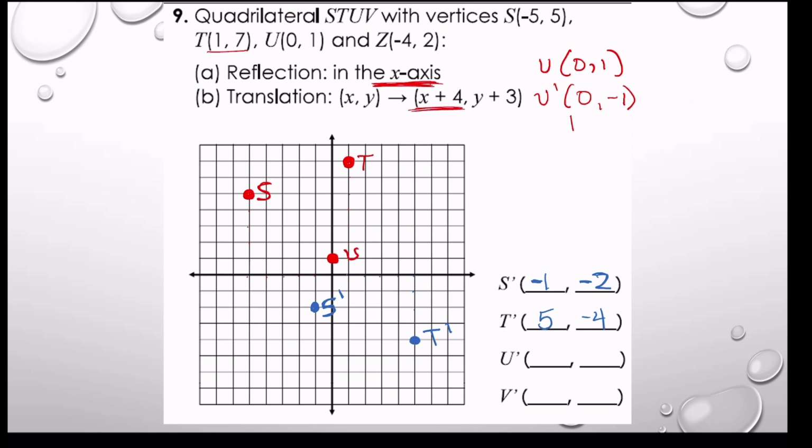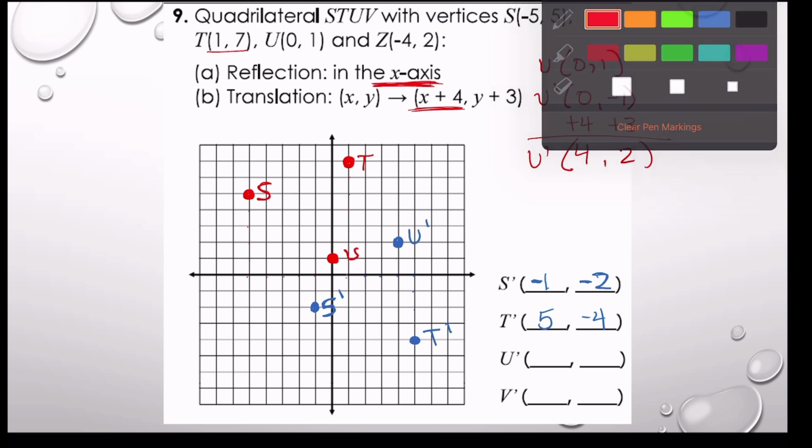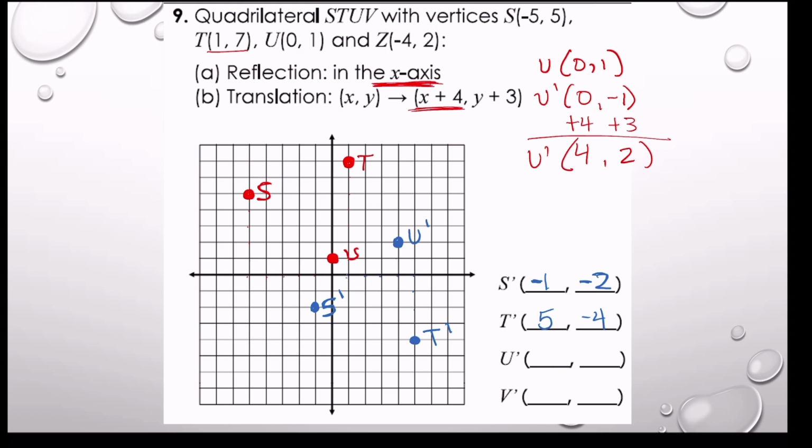But then I have to add 4 and add 3. 0 plus 4 is 4. -1 plus 3 is 2. So my u prime is really at 4. 1, 2, 3, 4. 1, 2. Okay. Remember, I'm reflecting this, so it should be moved and flipped.